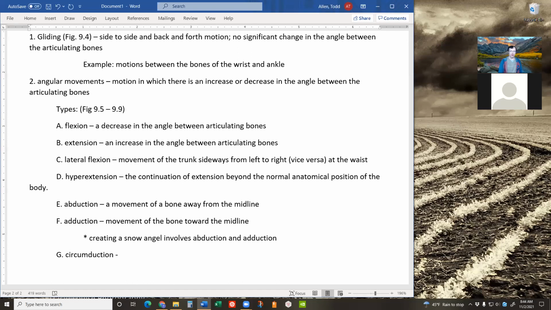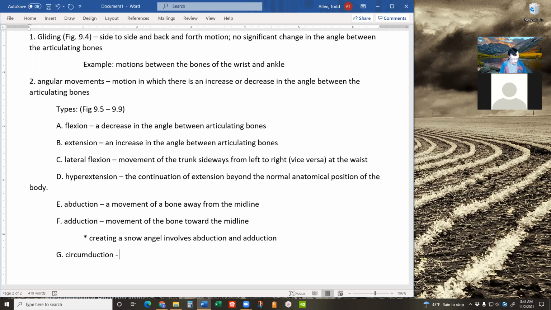So if I were to turn to you laterally so you can see my profile, and lift my arm up like this and rotate my fist, you notice that if you just look at my fist and not my arm, the fist is basically moving in a circular motion. That would be circumduction.